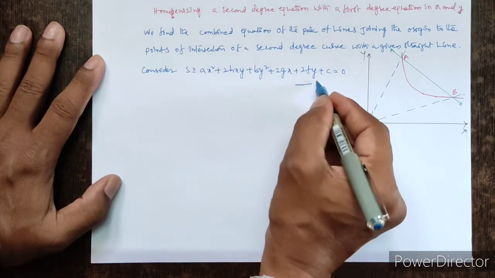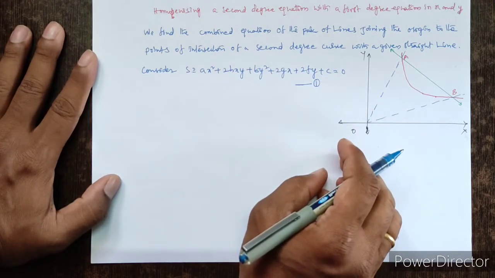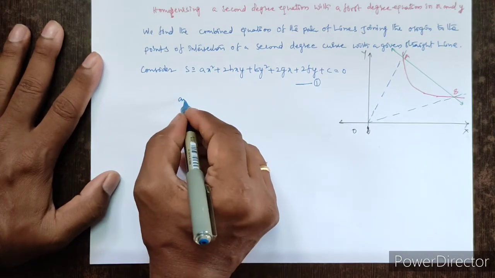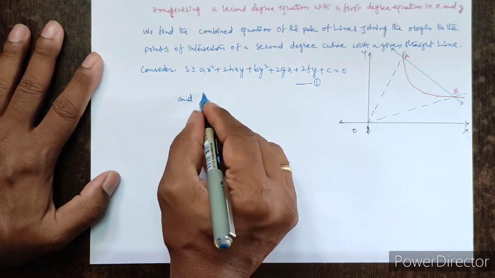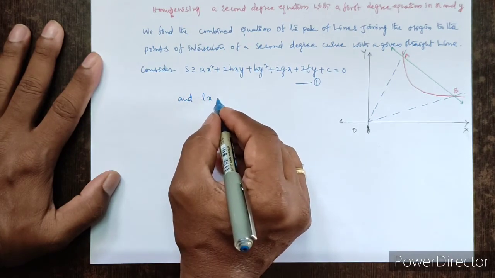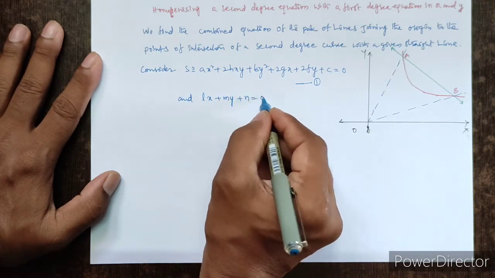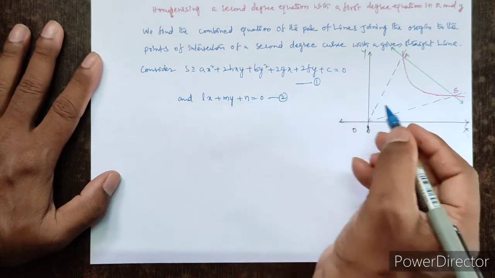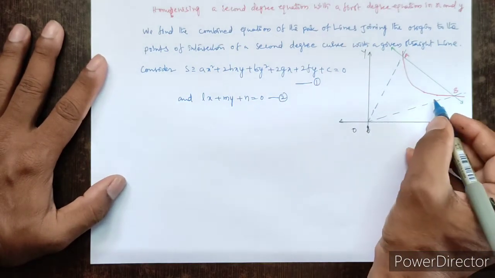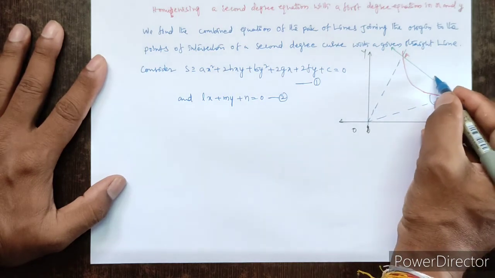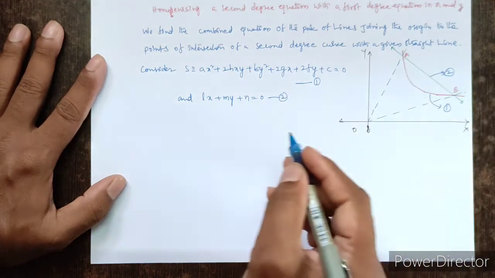This is a non-homogeneous equation, and it represents a pair of straight lines not passing through the origin, and the line is Lx plus My plus n equal to 0. So this is equation number 2. In the figure, this is equation number 1, and this is the line, equation number 2.